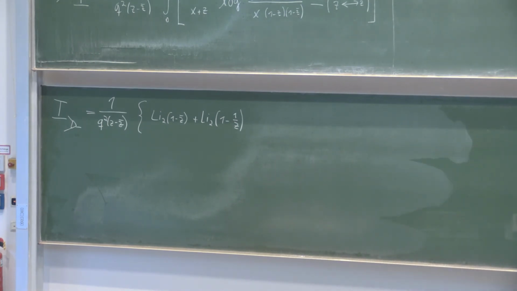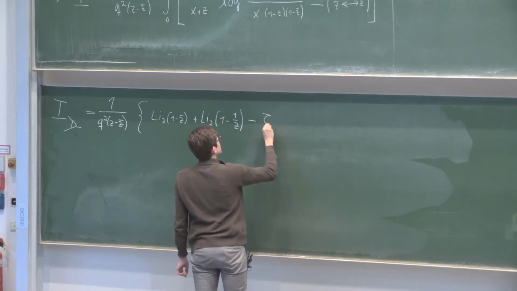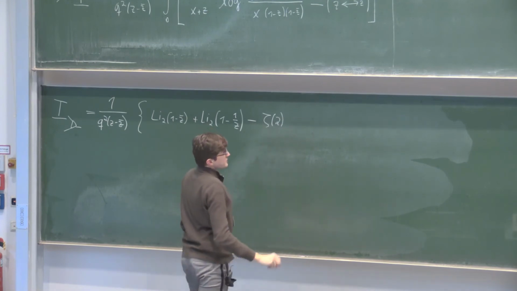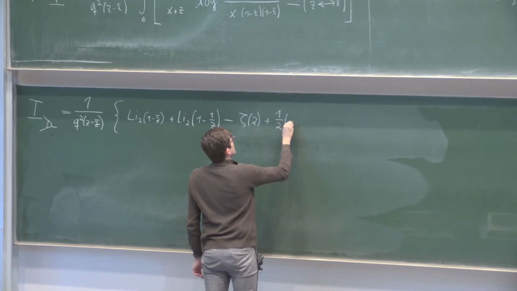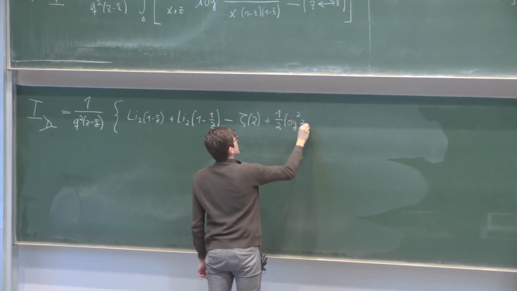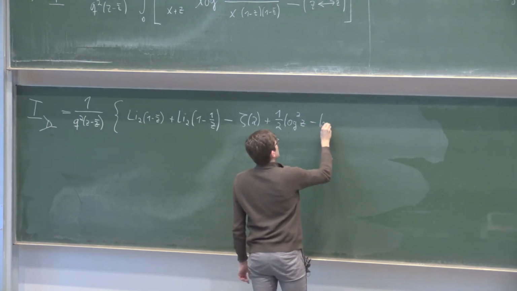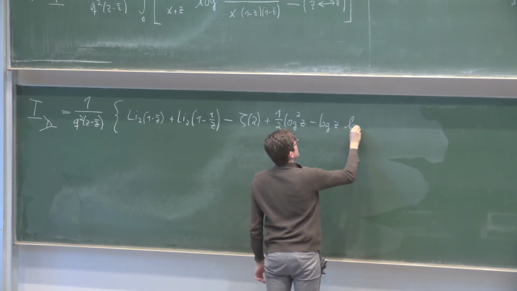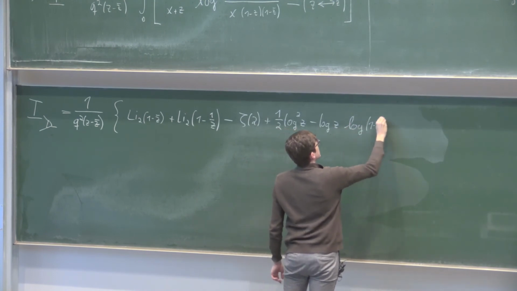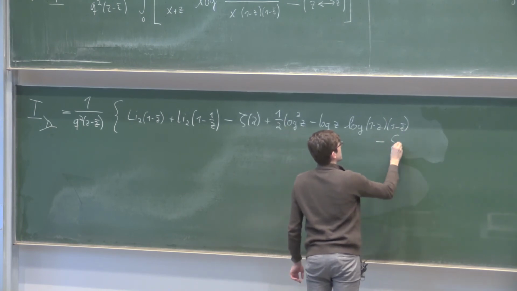Yes? The other one just becomes Li2 of 1. And Johannes already gave this a name, so this is zeta of 2. And then we have a half log squared z, and we have minus log z times log of 1 minus z, 1 minus z bar. And then we have to anti-symmetrize.